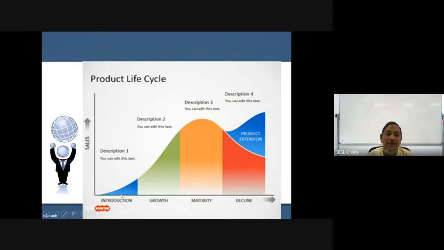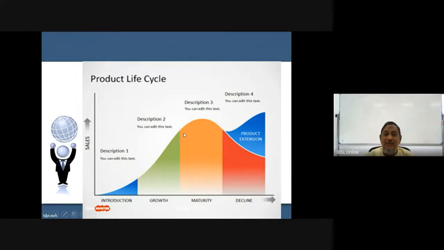Business can continue. Over a period of time, on this axis you get the sales and the profit, and on this axis the time period. So in the introduction period, there's a slight growth. And once you pick up the business, it will go up this way, and sales will increase from here within this period, the growing period.